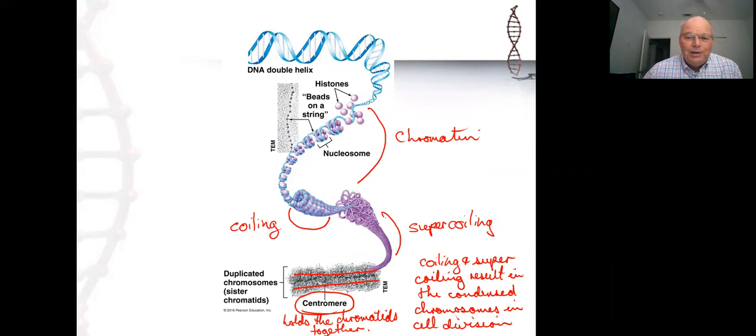The other reason for doing this is that once you condense them down and coat them with the protective protein, you now protect them from the cytoplasm, because during cell division, the nucleus, the nuclear envelope, actually does break down. And for a short period of time, the chromosomes are actually exposed to the cytoplasm. And it turns out that the cytoplasm is a really hostile place for chromosomes, which is the reason why they're usually locked away inside the nucleus behind the nuclear envelope.